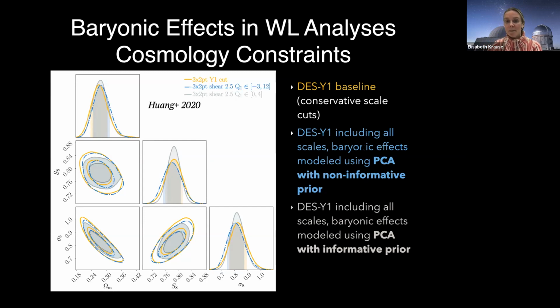However, if we include a weakly informative prior on our baryon parameters, that is the gray analysis, that shows a gain of about 20% in constraining power. And by informative prior, I mean that we know from X-ray observations that, for example, the original Illustris feedback model was too aggressive. And we basically rule out that scenario based on synergies with external data.